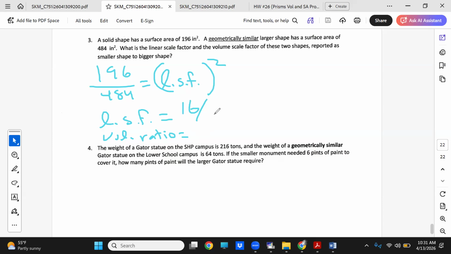Square root of 484. 22. Okay, cool. By the way, to make our lives easier, can we reduce that? Yep. LSF, linear scale factor.